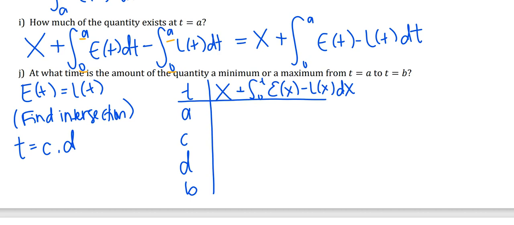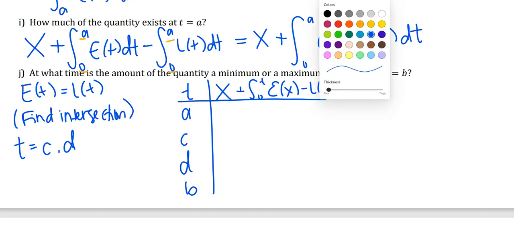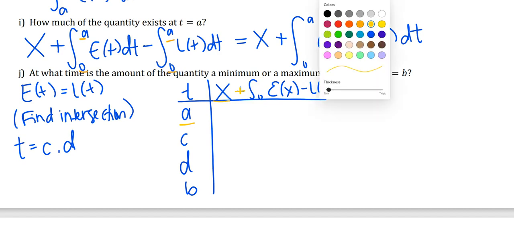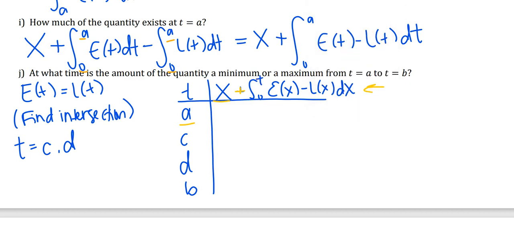So if I want to find how much of the quantity exists at t equals a, I will come here and I'm going to go in my calculator x plus integral from 0 to a, and then y1 minus y2 dx, enter. Then I'm going to do the same thing, and literally all I'm going to change is that number there. All right, that is it. We will practice some more in class.